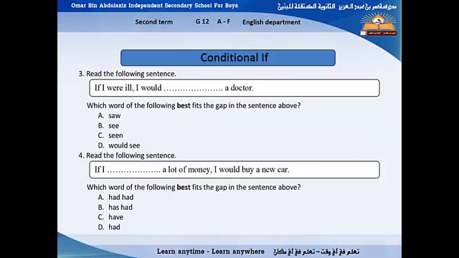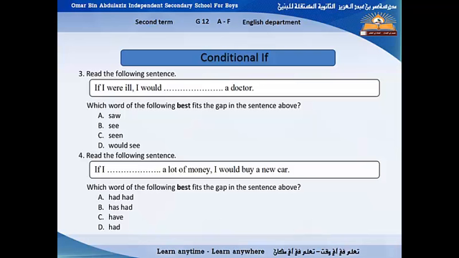Okay, let's do the same thing with sentence number 4. If I a lot of money, I would buy a new car. Forget about the missing part and look at the given part here: I would buy a new car. So here we have would followed by the infinitive of buy.